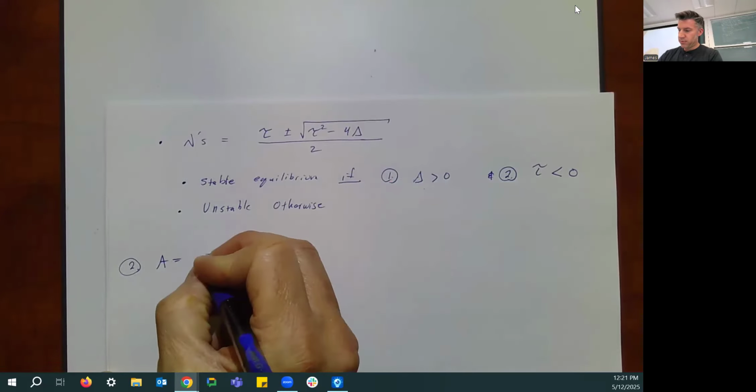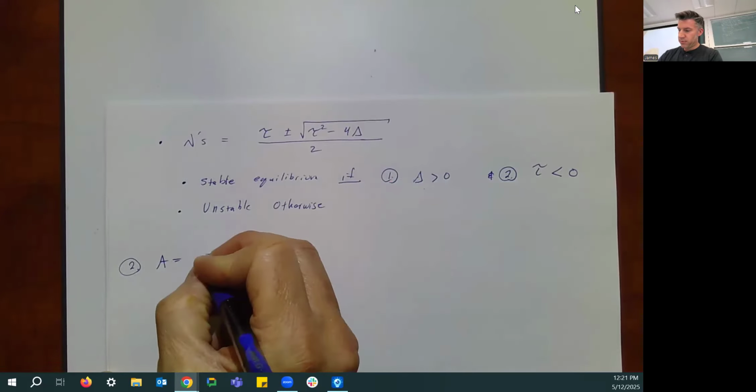We have dx1 dt equal to -x1 plus 4, and dx2 dt is equal to x1 plus 2x2. And what I want to point out is that 0, 0 is not the equilibrium here. If you plug in 0 for x1 and 0 for x2, you don't get both derivatives equal to 0.